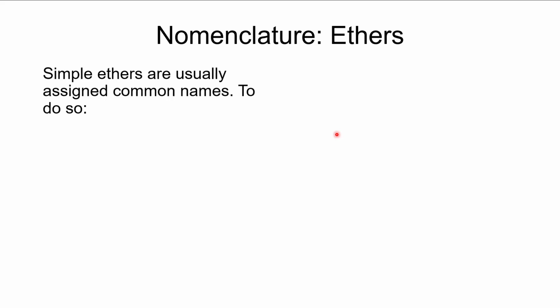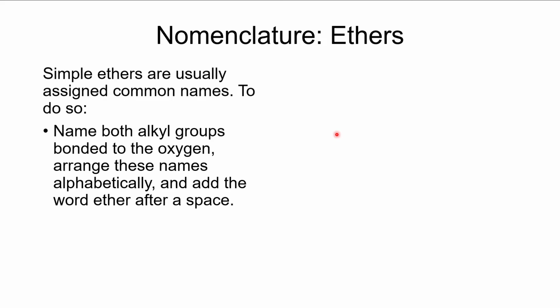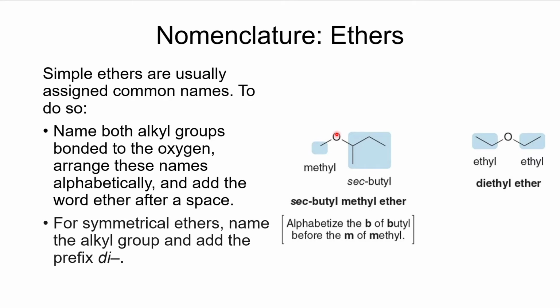You can name them with common names, and if you've got a symmetrical ether, or if you have 2 simple alkyl groups that you can name, then you'll simply put the 2 alkyl groups with a space in between, put them alphabetically, and then put the word ether afterwards. If it's a symmetrical ether, then you'll just put a di in front of the name of the alkyl groups. So this one would be diethyl ether as an example.